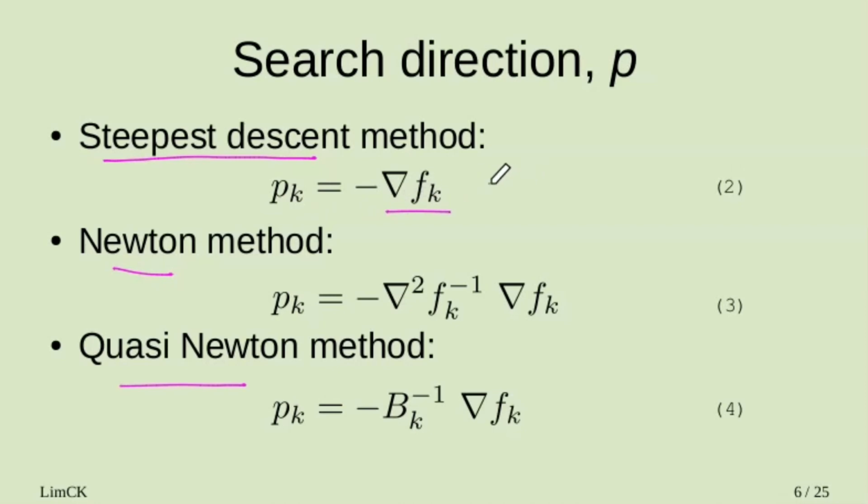I repeat, I think I mentioned this one already last time. This one means the negative of the gradient at the point xk.